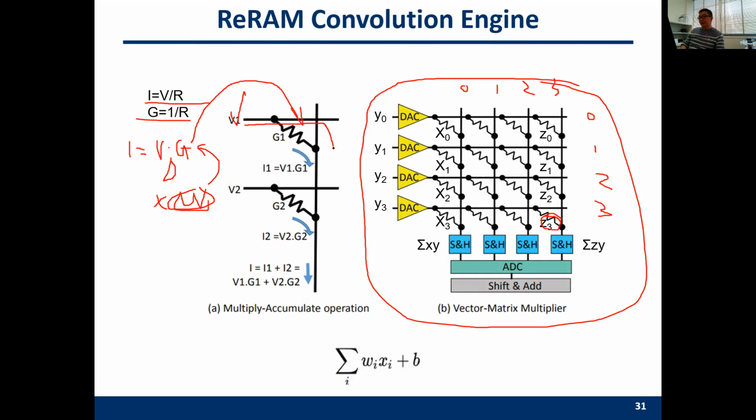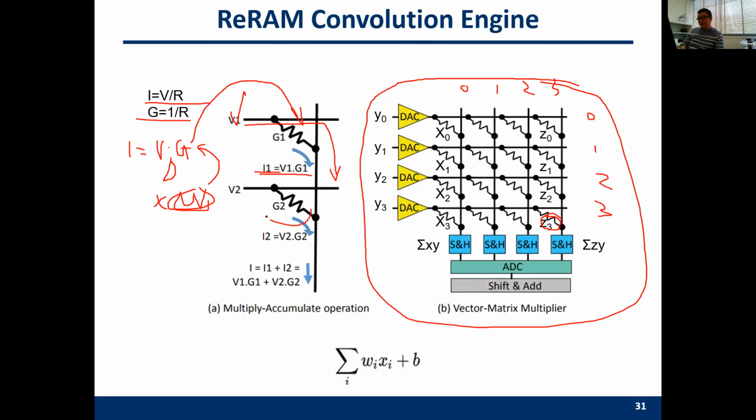And then a current will flow through the cell. This is V, this is G. The current on this vertical line is the I. So here, by simply applying a voltage, I can do a multiplication based on the basic physical law. This is the so-called current law.